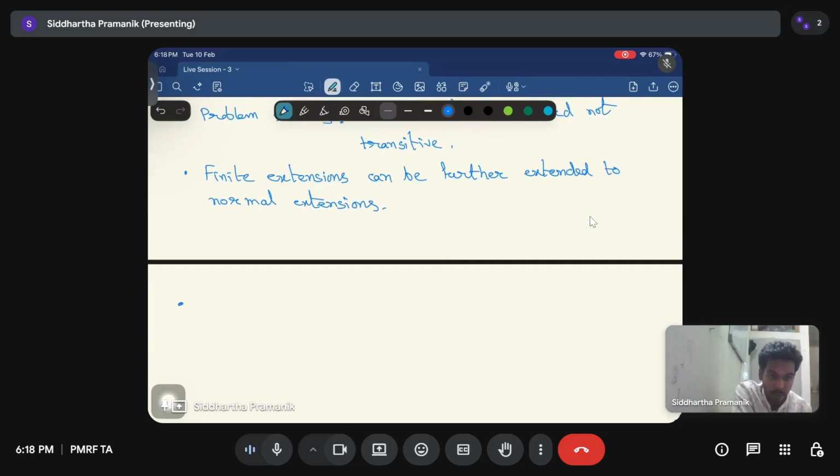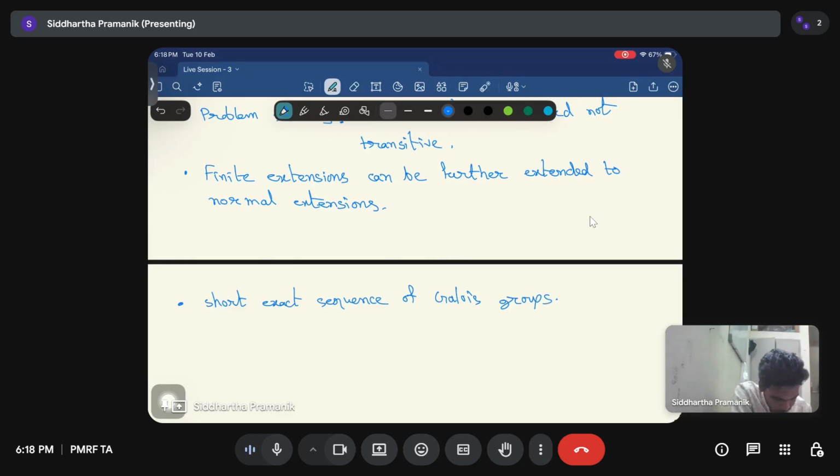And in one problem, we have seen the short exact sequence of Galois groups.